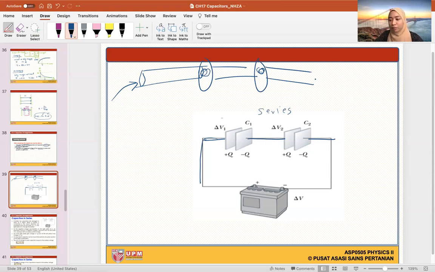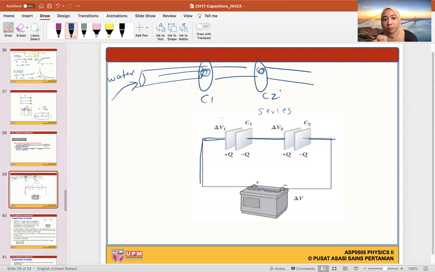So if I were to put in water inside the pipes, my capacitor will meet the water. This sounds wrong, but okay. But the capacitor will meet the water. This is C1, right? Will meet the water, and capacitor 2 will meet the same water. Maksudnya kalau water ni orang, C1 ni jumpa orang yang sama, C2 pun jumpa orang yang sama. So this is what it means when they are in series.